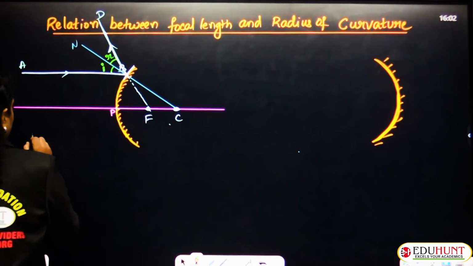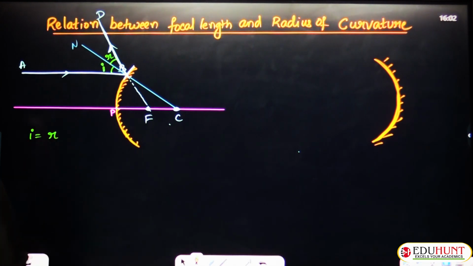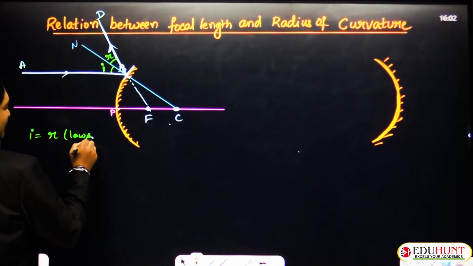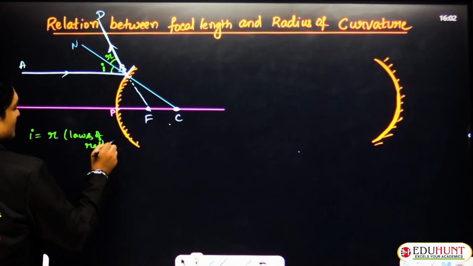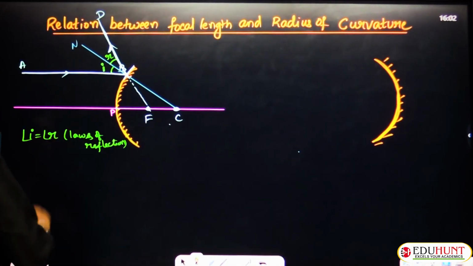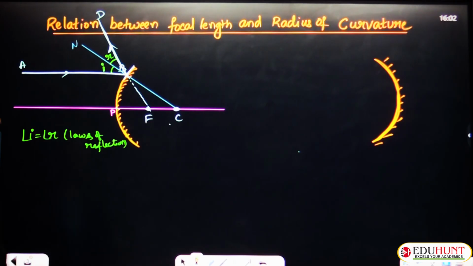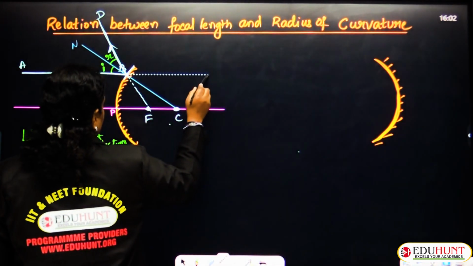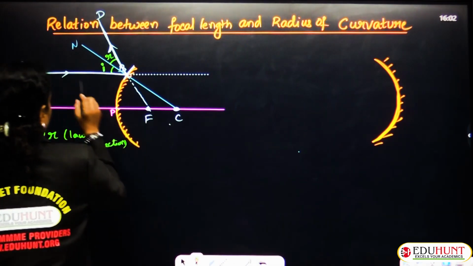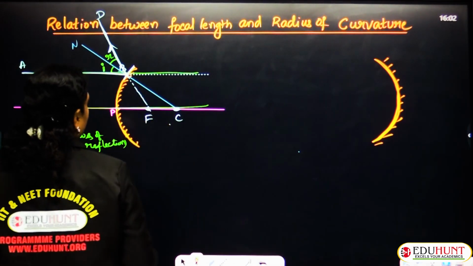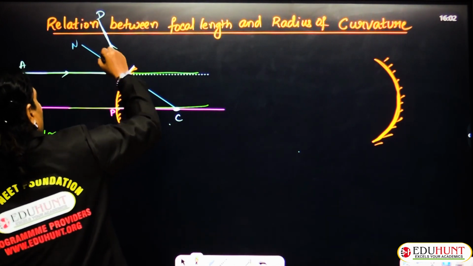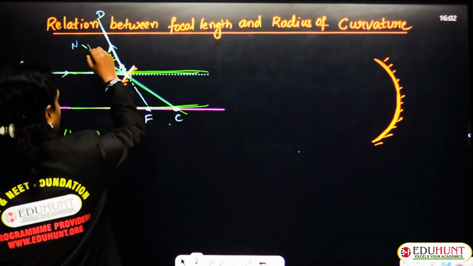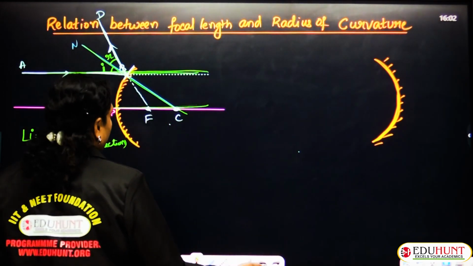From the laws of reflection we know that angle I is always equal to angle R. Now let us suppose that these rays are produced ahead. We observe that these two are parallel lines and this is an intersecting line on that surface.